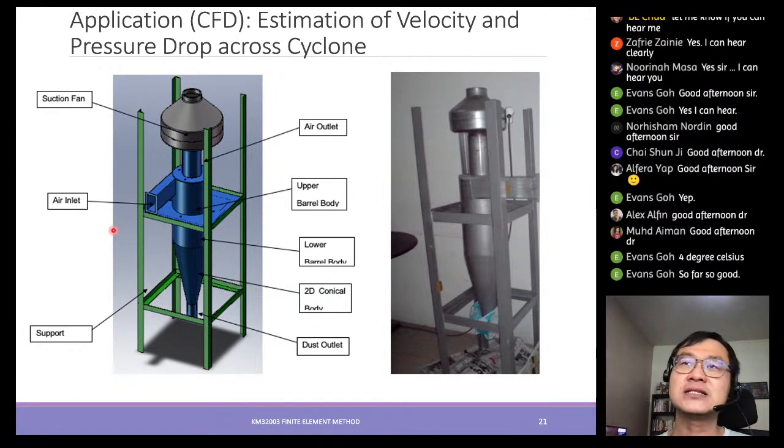This sugar is being brought by air, with a pneumatic carrying blower. You blow the sugar to move from one side to the other, and at one end you may want to collect it.